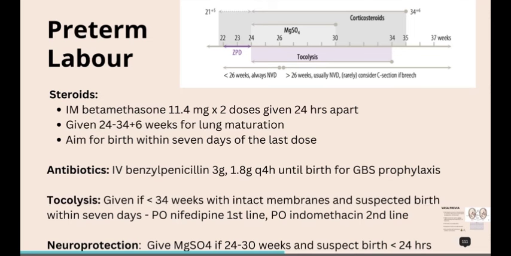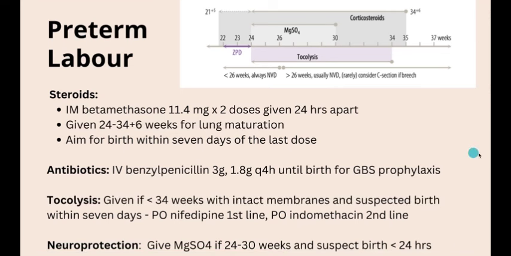And this treatment is given, as I said, between 24 and 34.6 weeks of gestation, and its role is really to promote fetal lung maturation, and the aim really is to give birth within 7 days of the last dose. And tocolytics, which are the other drug as well, can be given to slow down the birth in order for those corticosteroids to become more effective.